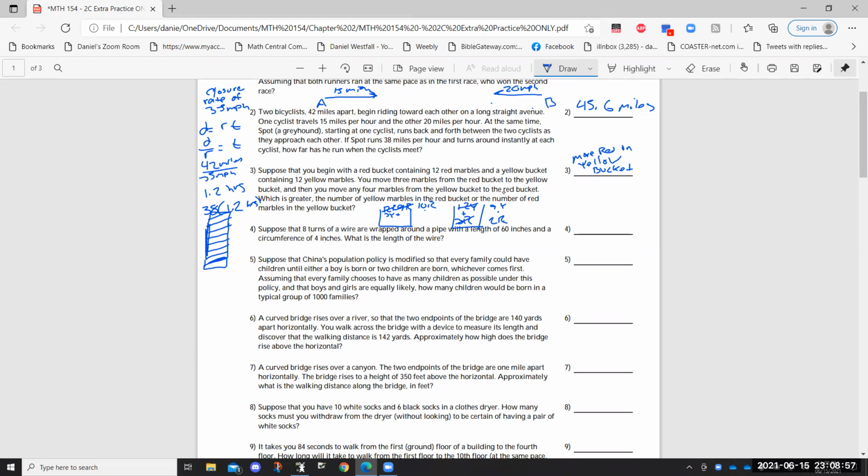And then imagine that these make diagonals of rectangles that are here, right? So these are diagonals of rectangles that get made here.